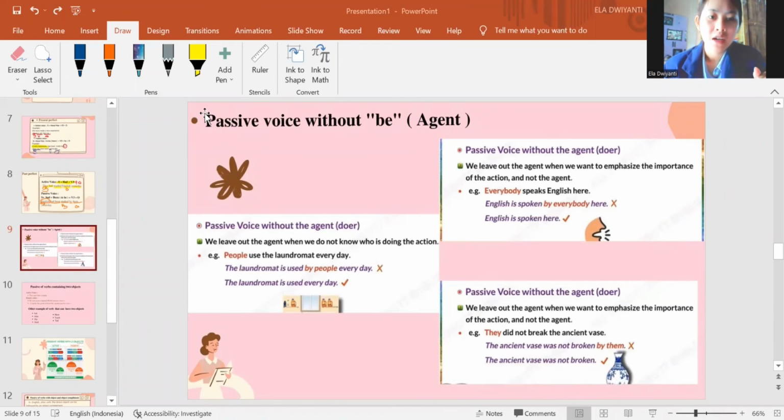Okay. The next is the passive voice without agent. The first one is passive voice without the agent. When we leave out the agent, it is when we do not know who is doing the action. For example, "The people use the laundromat every day."